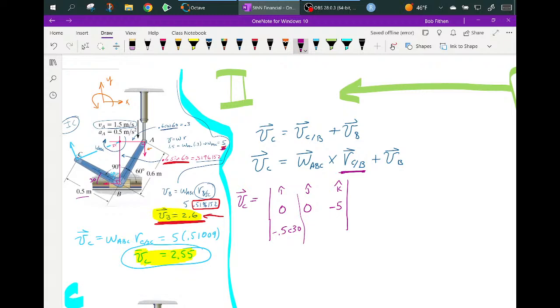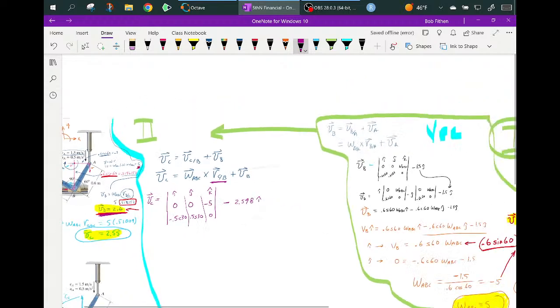And this one's going to be 0.5 sine 30 because it's going up. Plus velocity of B. What was velocity of B? It was that, and it is going in the backwards direction. 2.598, I believe.